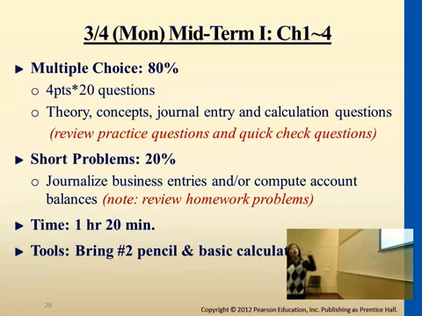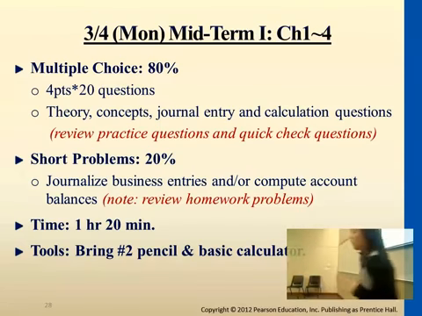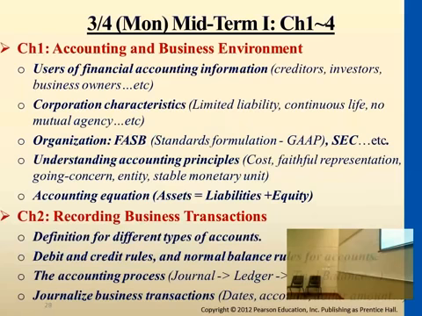Okay, so you have the majority of the questions multiple choice, probably give you a situation, but only narrow down on asking you a specific type of account or a specific type of debit credit. Okay.